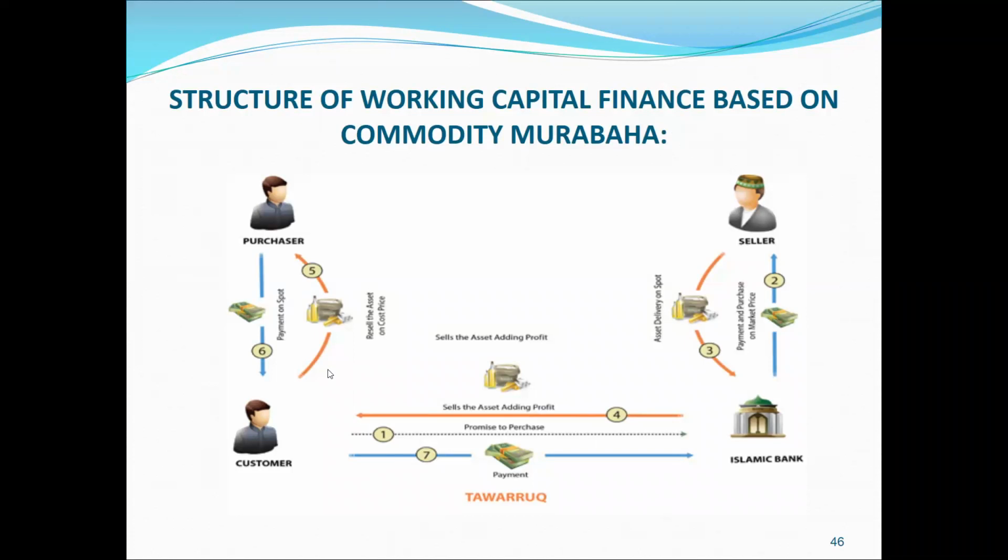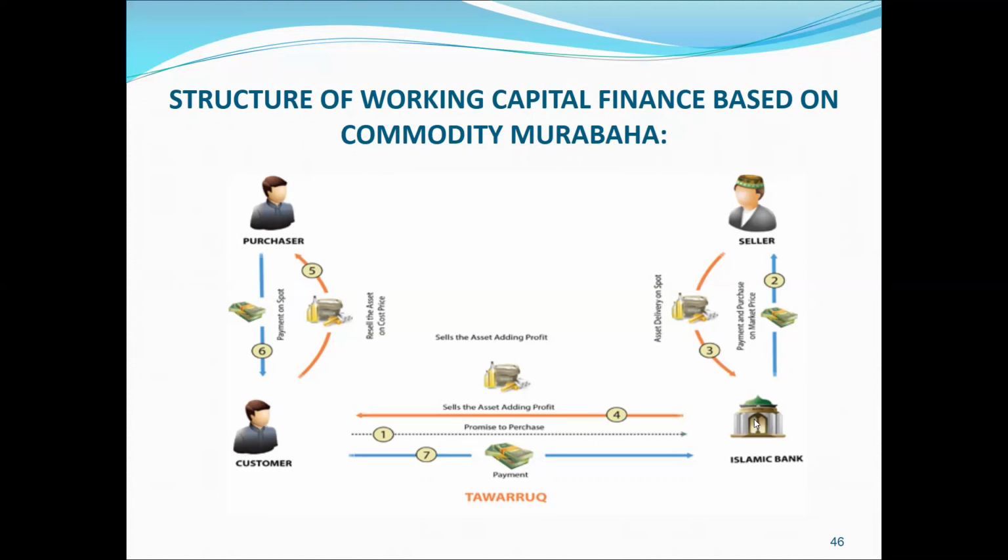Here's how the structure of working capital finance works based on murabaha. So Islamic bank and customer, two parties. The customer gets in touch with the Islamic bank and gives the promise to purchase certain commodities from the Islamic bank.